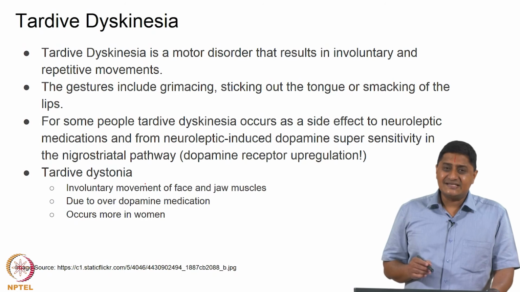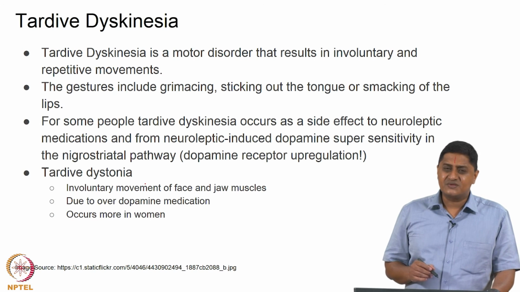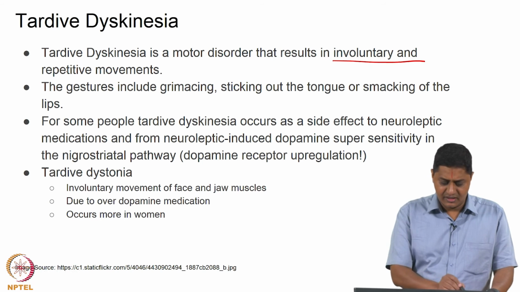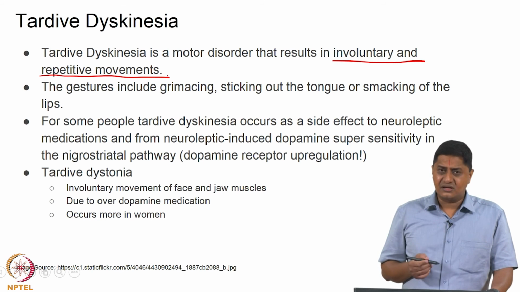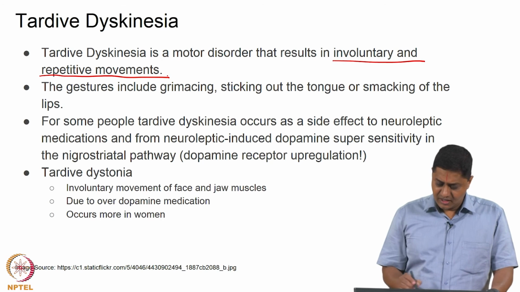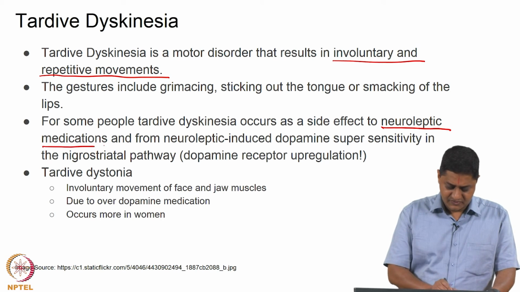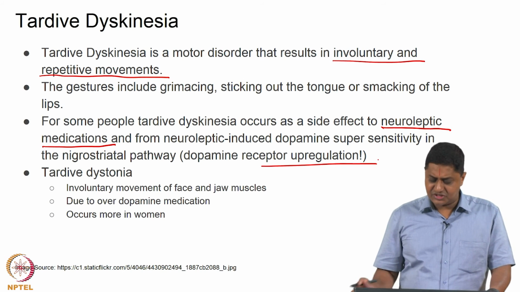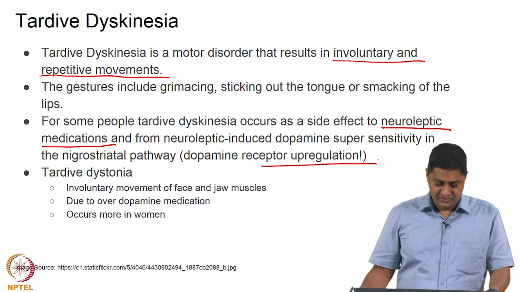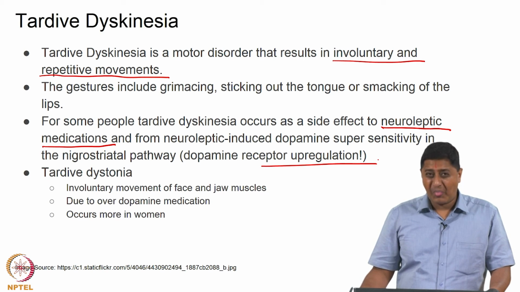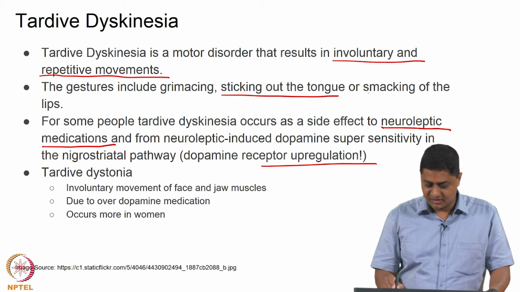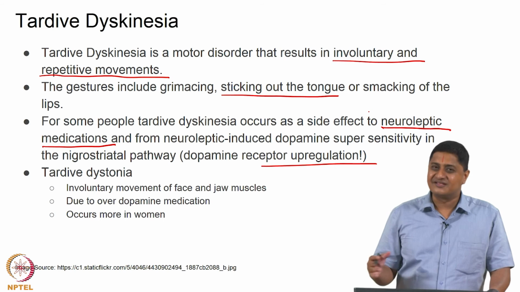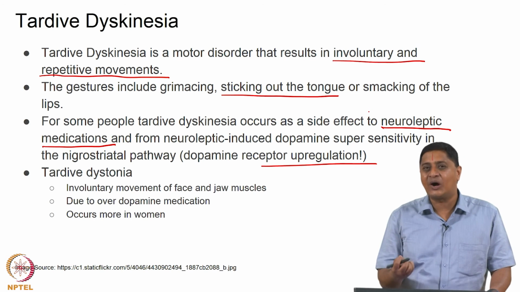Another disease is tardive dyskinesia. In this case there are involuntary and repetitive movements that are usually caused as a side effect of neuroleptic medications, and dopamine supersensitivity, in other words upregulation of dopamine receptors. This leads to a situation where the person frequently performs movements like grimacing, stretching out the tongue, smacking of the lips, or various other unwanted and socially awkward movements.